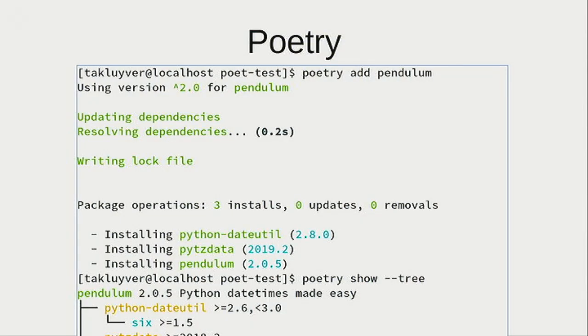Poetry, as was mentioned in the Q&A after the last talk, has a very nice command line interface to manage dependencies. It also has a nice dependency resolver that can handle if different dependencies depend on the same package further down and they want different versions of it. Poetry will do its best to work out what's a compatible version for everything.